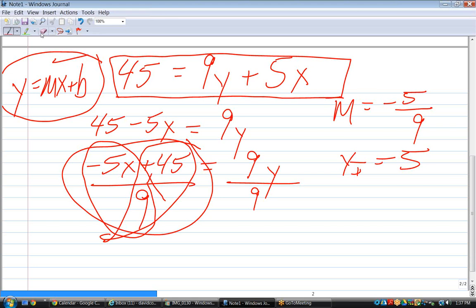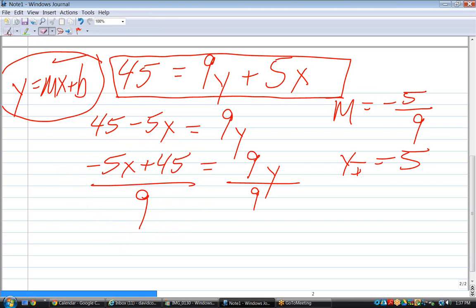And there's nothing wrong with that. Let's go through and see if that's easier. In other words, you don't really have to have it in y equals mx plus b. You can have it in mx plus b equals y. So there's no real advantage in putting the y on the left side. And here's what happens if you try to do it.